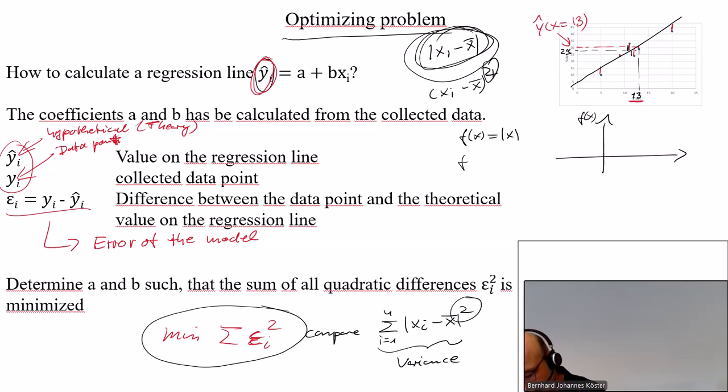And how does the square look like? How does f of x equals x squared look like?